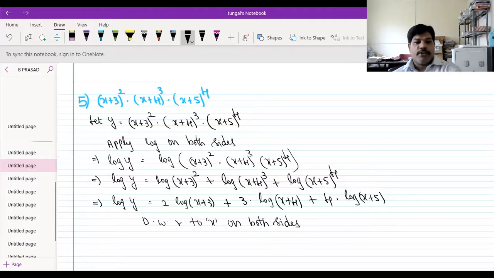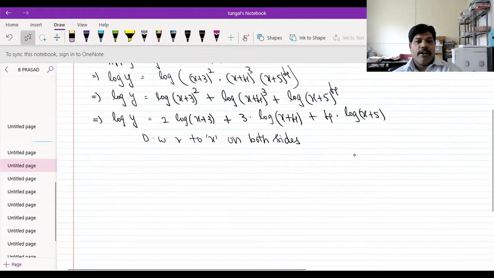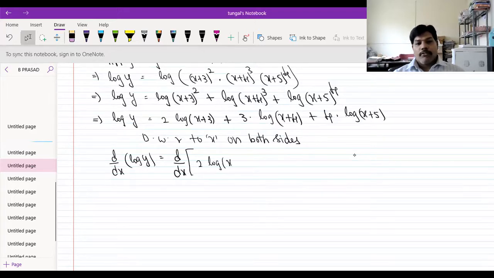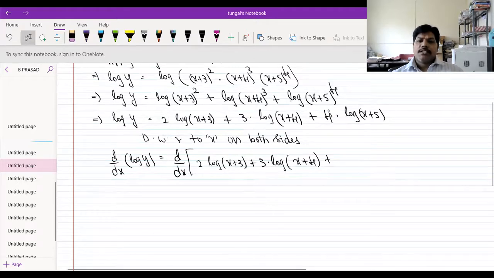On both the sides, what happens? Apply the derivative here. So derivative of log y is equal to derivative of 2 into log of x plus 3 plus 3 into log of x plus 4 plus 4 into log of x plus 5.